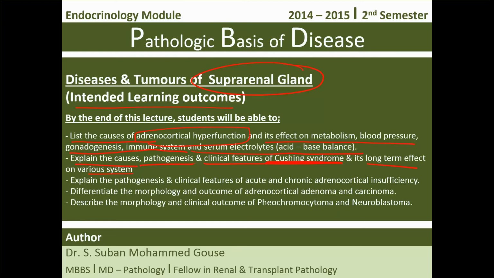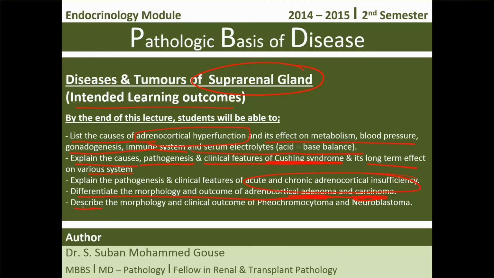Explain the pathogenesis and clinical features of acute and chronic adrenocortical insufficiency, like adrenal crisis and Addison disease, and differentiate the morphological outcome of adrenocortical adenoma and carcinoma, because it is a tricky one. You should be able to differentiate the morphology and the net outcome of it.